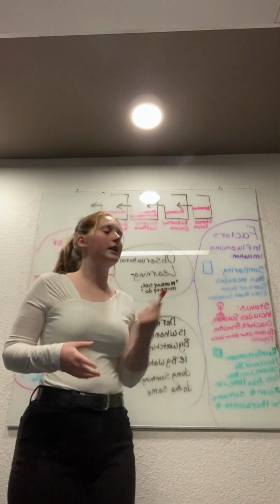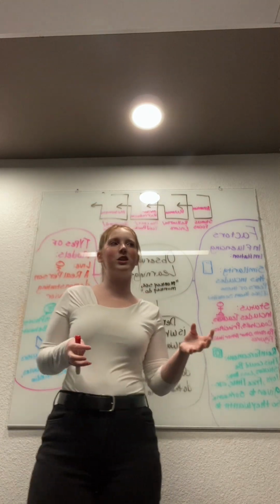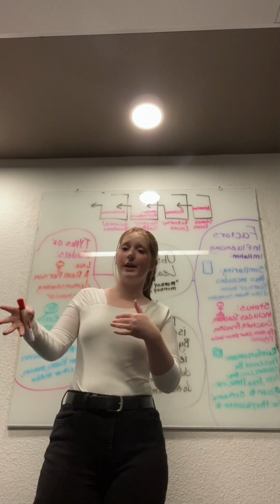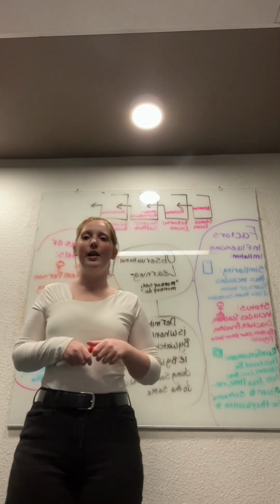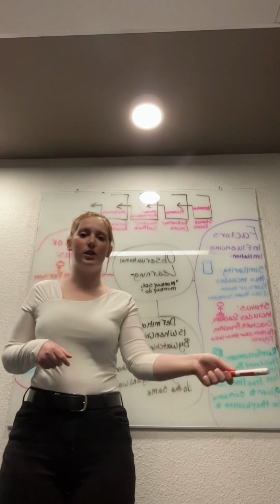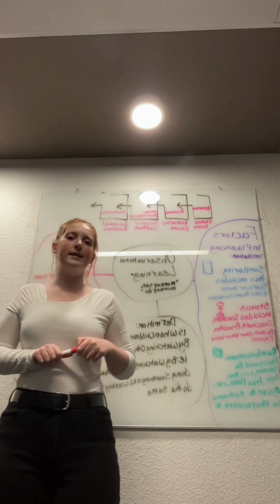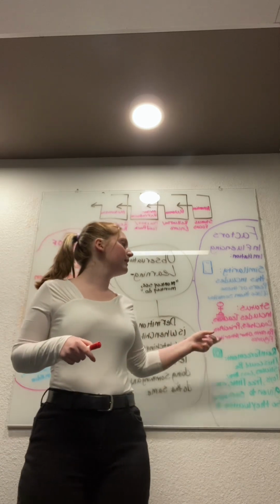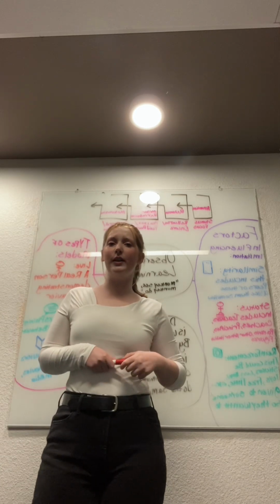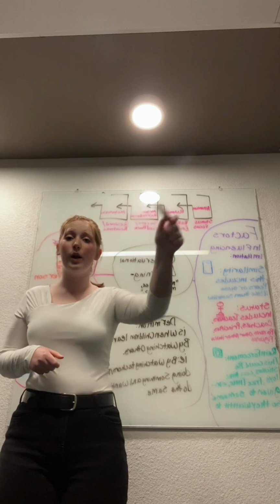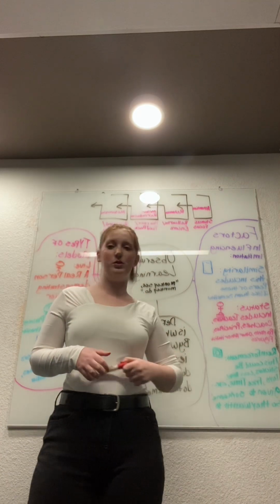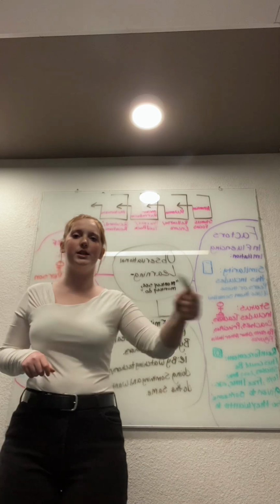For similarity, a lot of times kids like to copy their older siblings. If they hear the older siblings say thank you, they want to copy that, so they do that too. Or it could just be they see their friends doing something and they want to do it as well. For status, if they see their teacher do something, they think, oh, she's important, I should do the same thing. Or if they see their coaches do something, they want to be like their coaches, their teachers, their parents, and things like that.